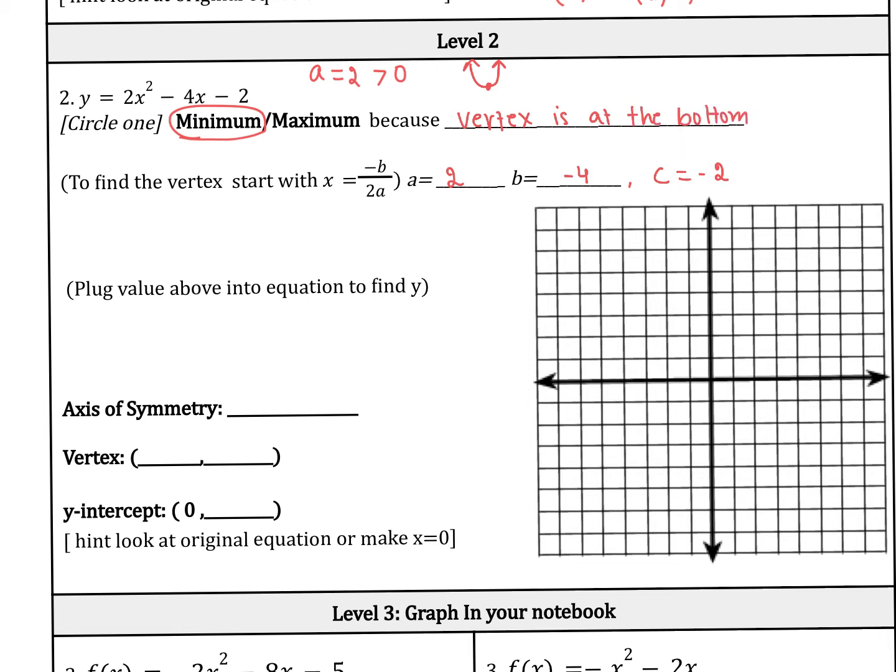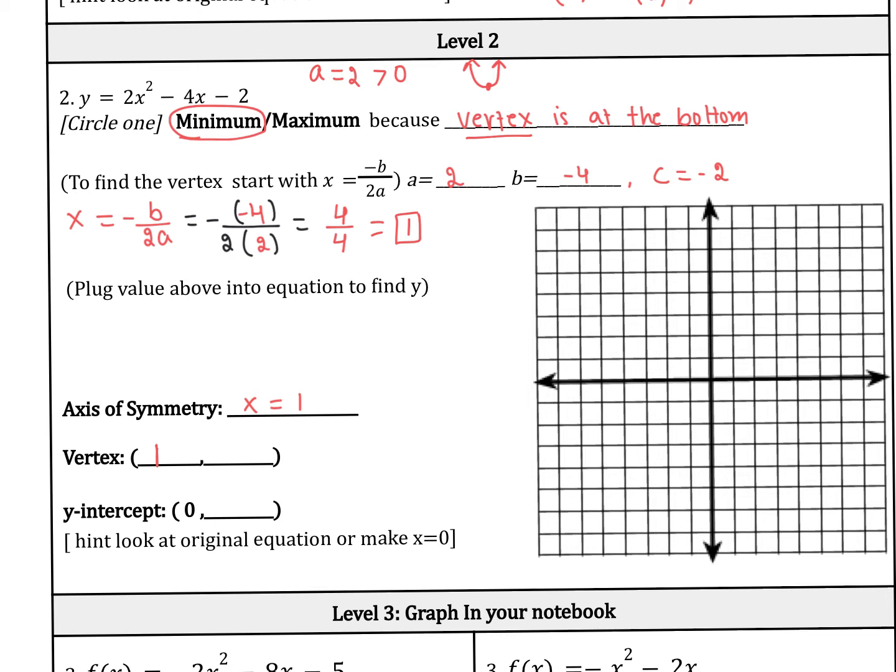Now we're going to find the vertex with the formula x equals negative b over 2a. Always put a bracket around the variable that you're going to plug in. b equals negative 4, a is 2, so on the top, negative times negative is positive 4, divided by positive 4, and the x value is 1.